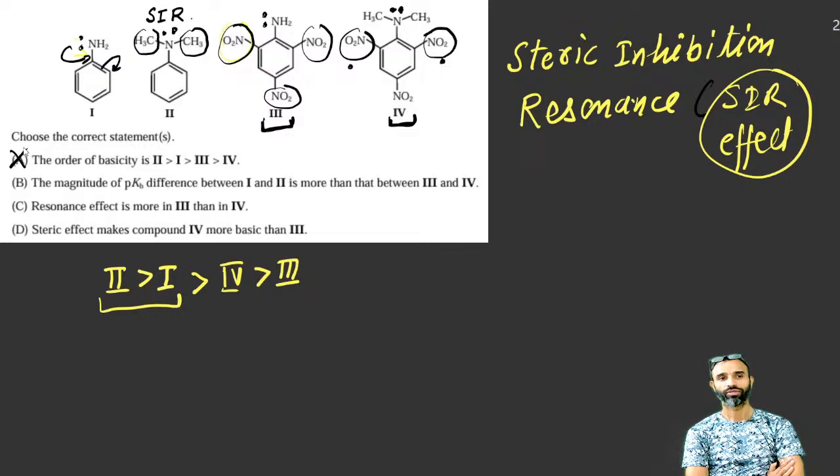Okay. So the difference between 1 and 2 is more, because in the first case there is free resonance, with no hindrance at all. But in the second case, due to the presence of methyl groups, there is the SIR effect, so the basic strength difference between second and first should be greater.